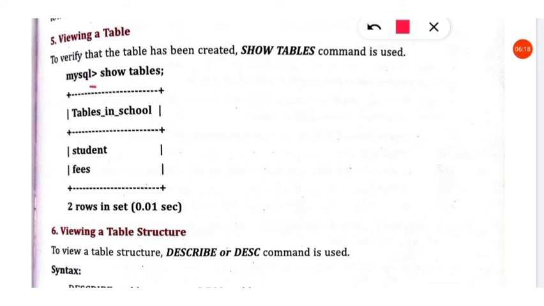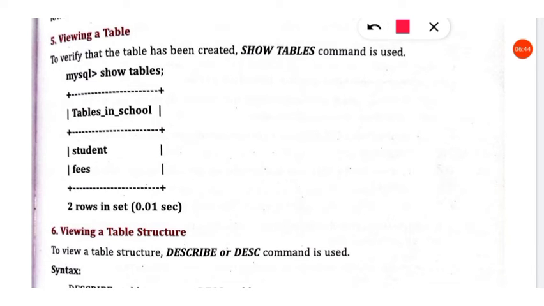So show tables semicolon. Show tables is a MySQL command, so it should be followed by a semicolon. It will show a table like this, and in that, tables in school, that is, in our school database, what are the tables? We have now created a student table and it also contains another table, fees.